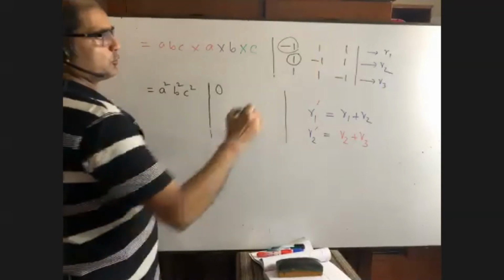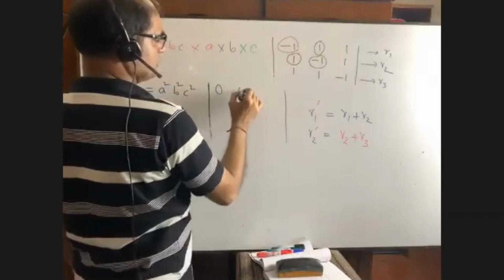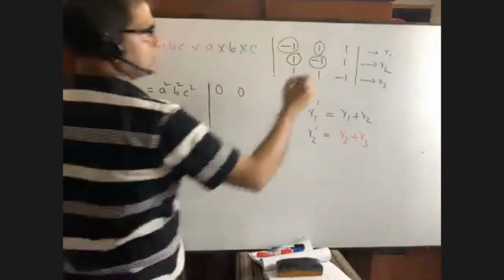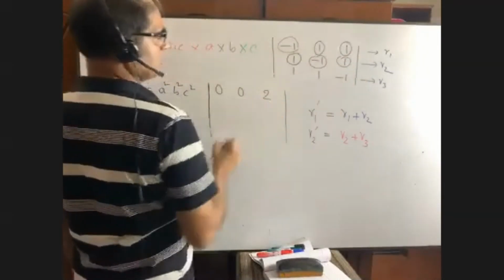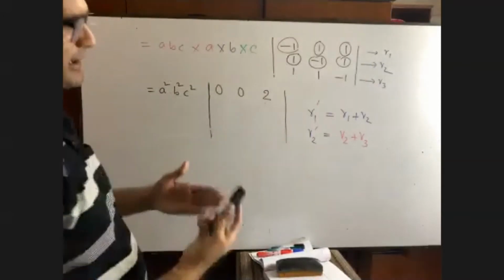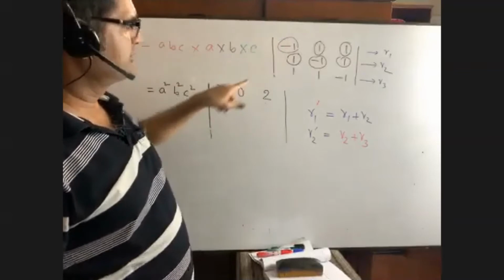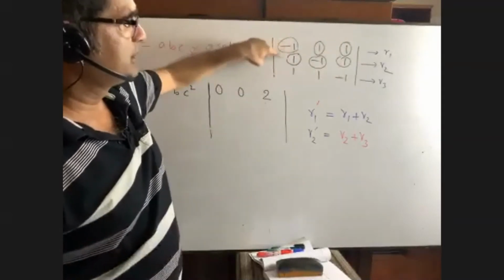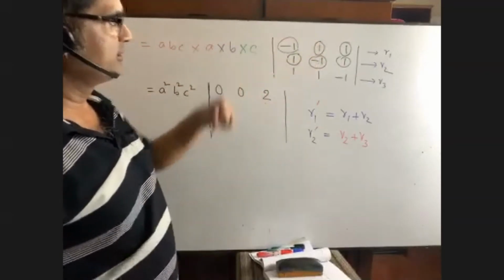This plus this equals to what? 0. This plus this equals to what? 2. Please try to understand what I have done here. I have just added these two rows.